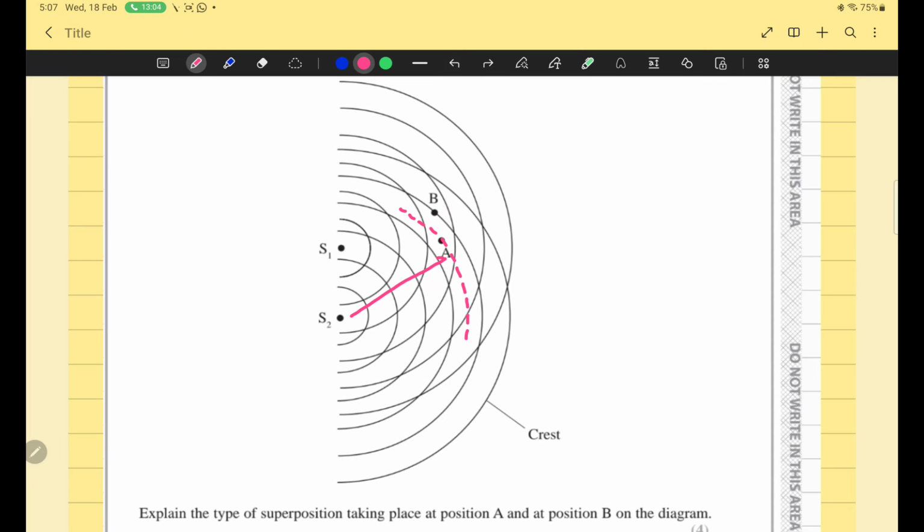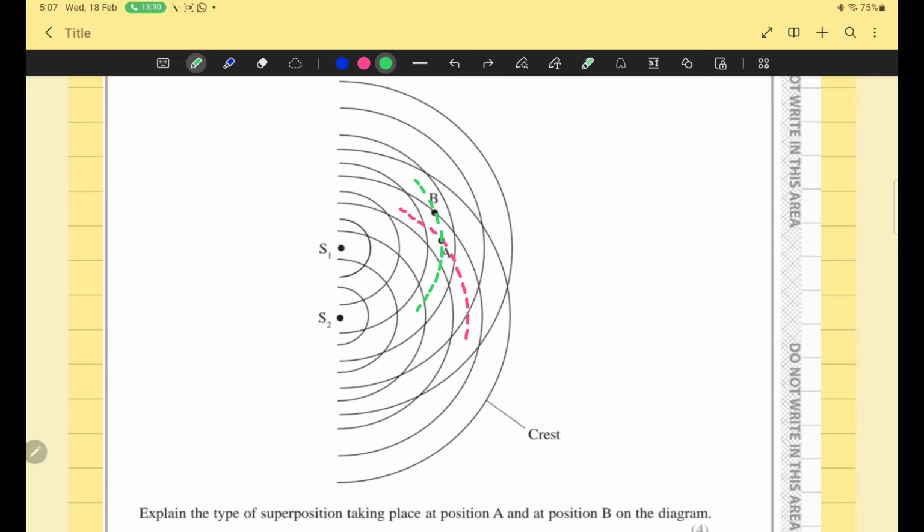Okay. And if I draw another wavefront between these two wavefronts, and I should change color, this green wavefront, actually this is produced by source number one. And as I said, sir, this dotted wavefront represents trough.